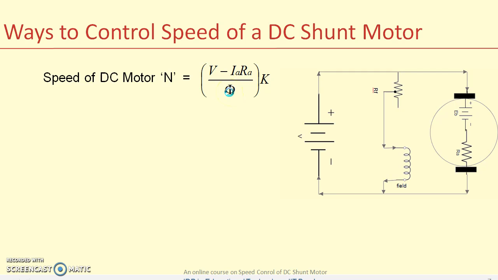If the flux decreases, the speed increases. So, by adjusting the current through this field coil, you can adjust the flux and hence the speed. If you control the speed of a DC shunt motor by controlling the flux, we call this method the flux control method.